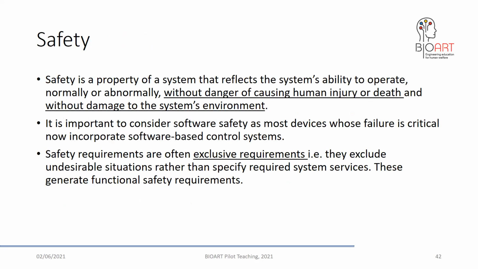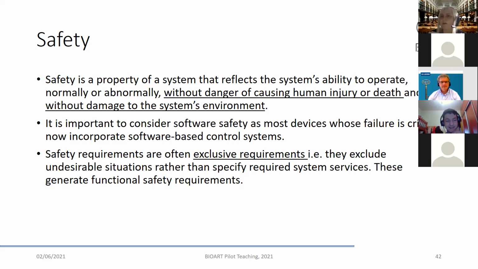So the other attribute is safety. Safety is a property of a system that reflects the system's ability to operate normally or abnormally without danger of causing human injury or death, and without damage to the system's environment.